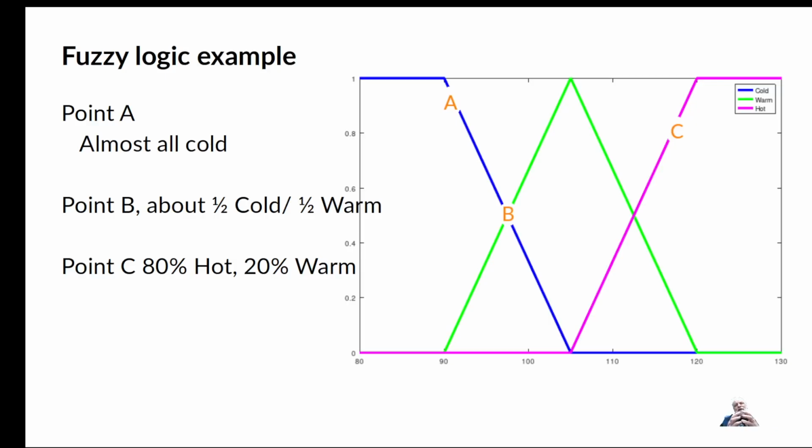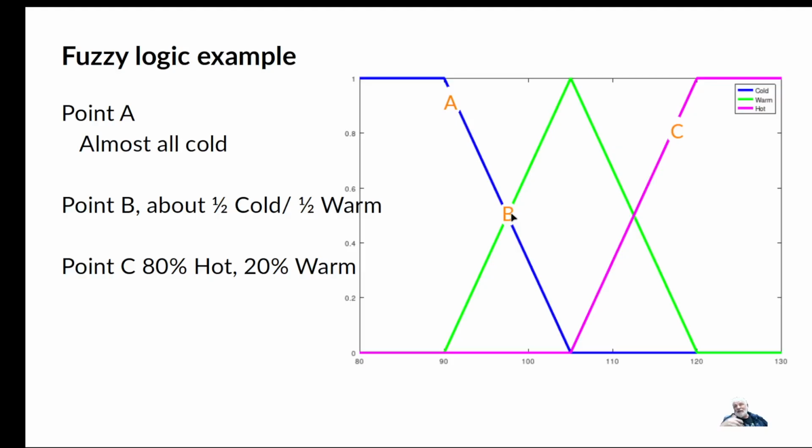It has those power resistors that are heaters, basically a heater inside there, and then we have the fan system. Now, if we look at point B here, it's about 50% cold, about 50% warm. So what you're going to do then is, well, we don't necessarily want the heater on full blast at this point.